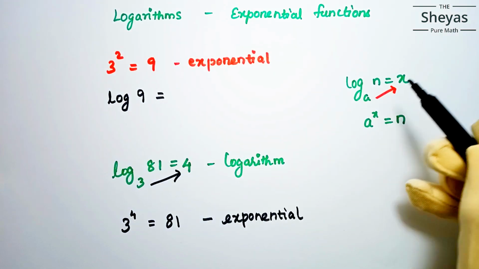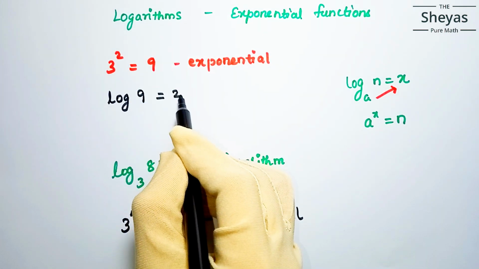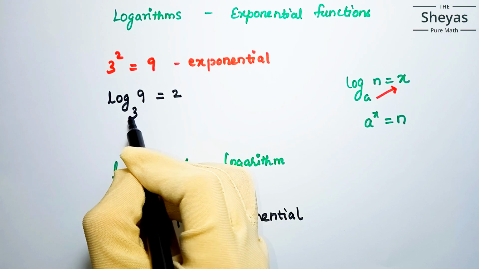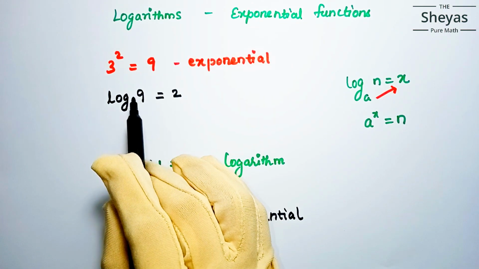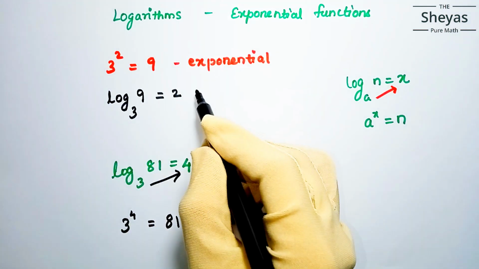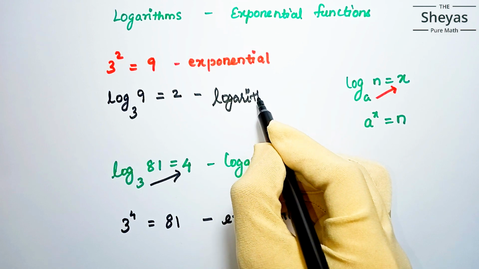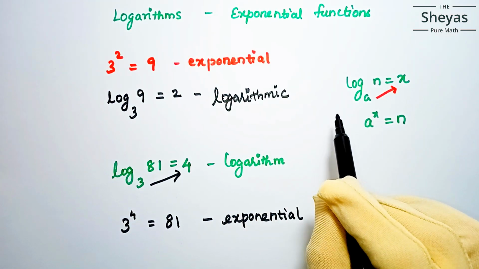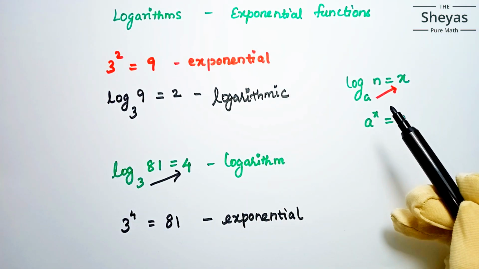Then what is in the power will be on the other side. Here the power is 2 and it will be on the other side. What is left? 3 is left. So you can write log to the base 3 of 9 is equal to 2. Now this is in logarithmic form. So now you have converted the exponential form to logarithmic form.